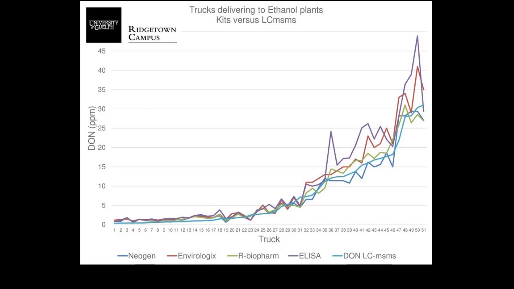What this is, is all the test results plotted from lowest to highest, and we're plotting the LC-MS, which is the light blue line, and so that's the actual DON level. And you'll see that the Neogen line, the dark blue line, is tracking pretty much along with the LC-MS. Whereas the Envirologics and the BioFarm test kits were tracking about 20 to 30% higher all the way along.